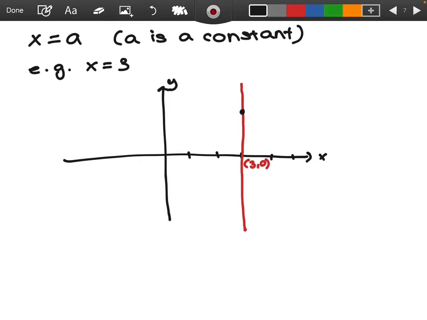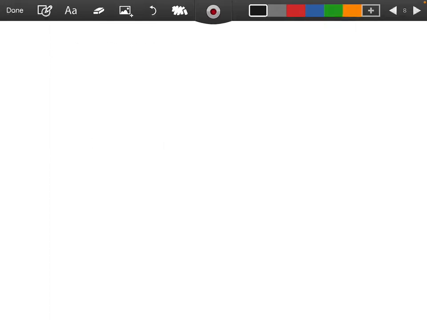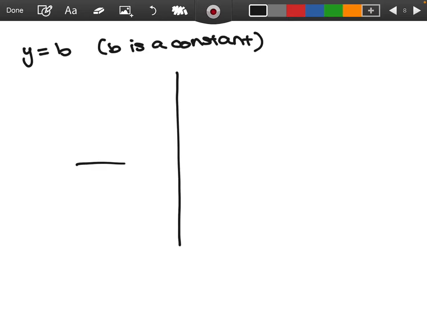Okay? In a similar way, let's look at the graph of the line of the form y is equal to some constant b. So b is a constant. What does that look like? Well, in the same way that we had with our x is equal to a example, we said that every point on that line satisfied, in our example, x is equal to 3.